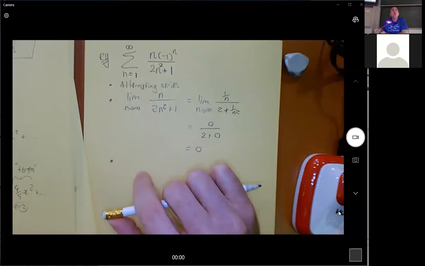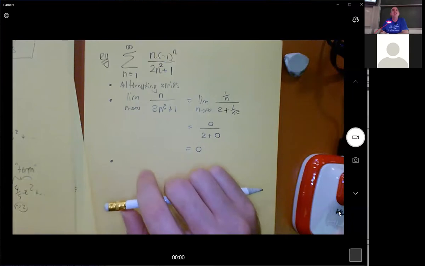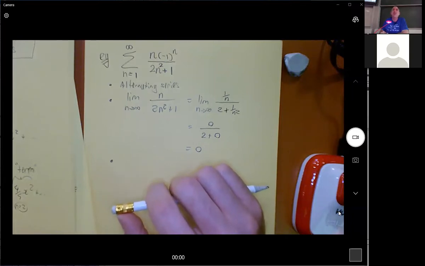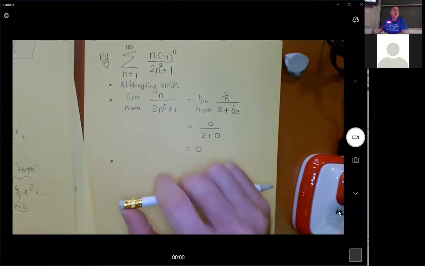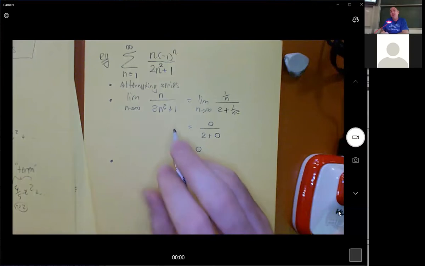Let me think about that. Guess I could differentiate it with respect to n, and then if the derivative was negative, that would make it decreasing. That's one way. Seems like overkill, but you never know. I guess the other way would be possibly if the top was constant and the denominator was getting bigger and bigger, then it would definitely be decreasing. Let me do that.